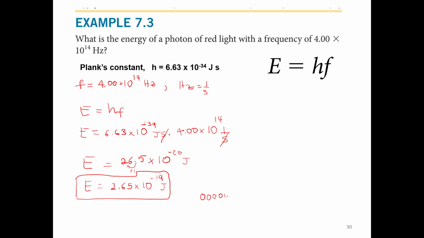This is the quantum, this is the red light. The energy for each quantum is 2.65 × 10 to the power minus 19 joules. But if you add billions of this amount of energy, then you will have significant energy.